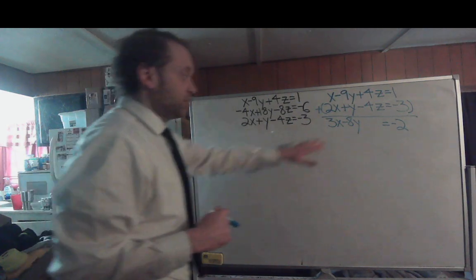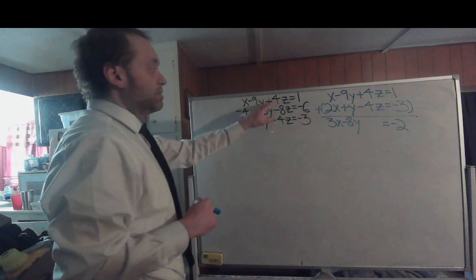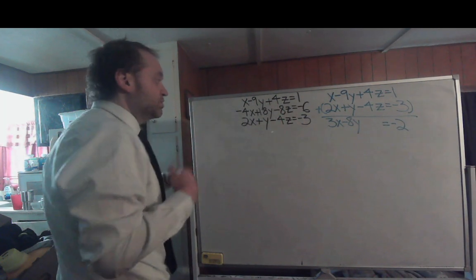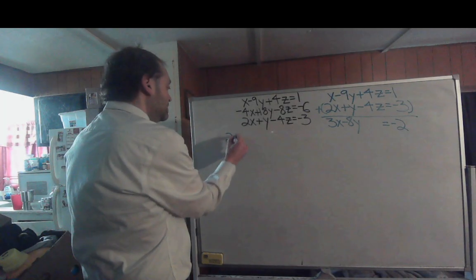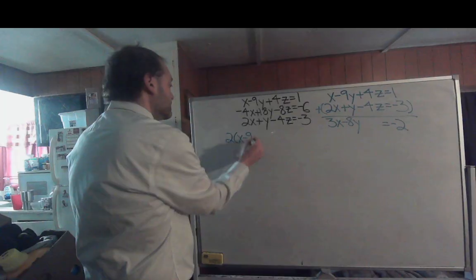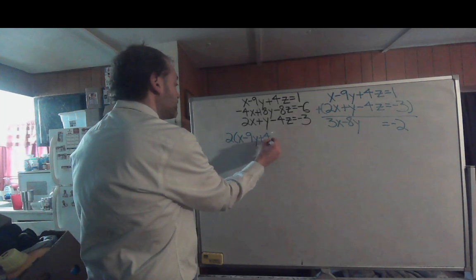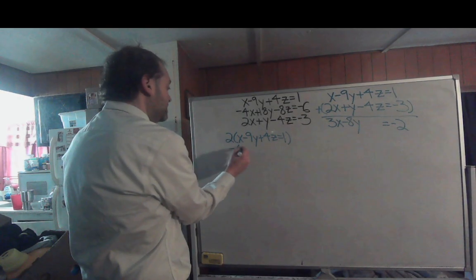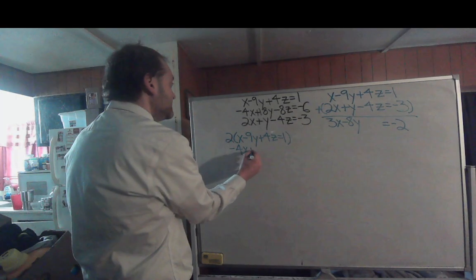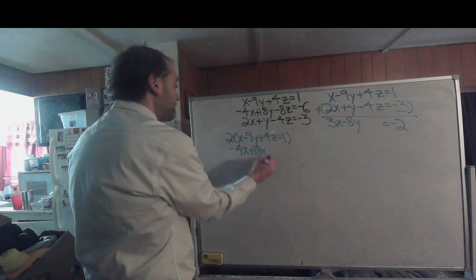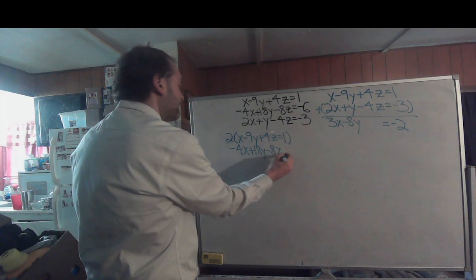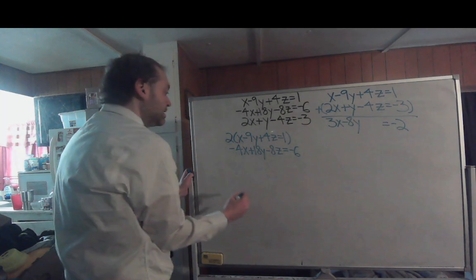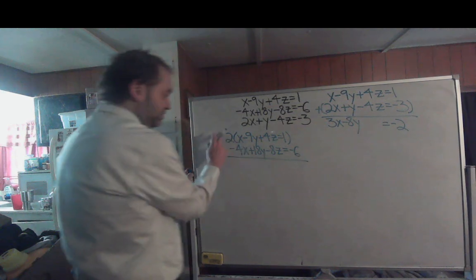All right, now to get our second equation with only two variables, why don't we multiply the first equation by 2 and add it to the second equation? So if I take 2 times my first equation, and then just simply add my second equation to it, the z should disappear. So first, let's do the multiplication.